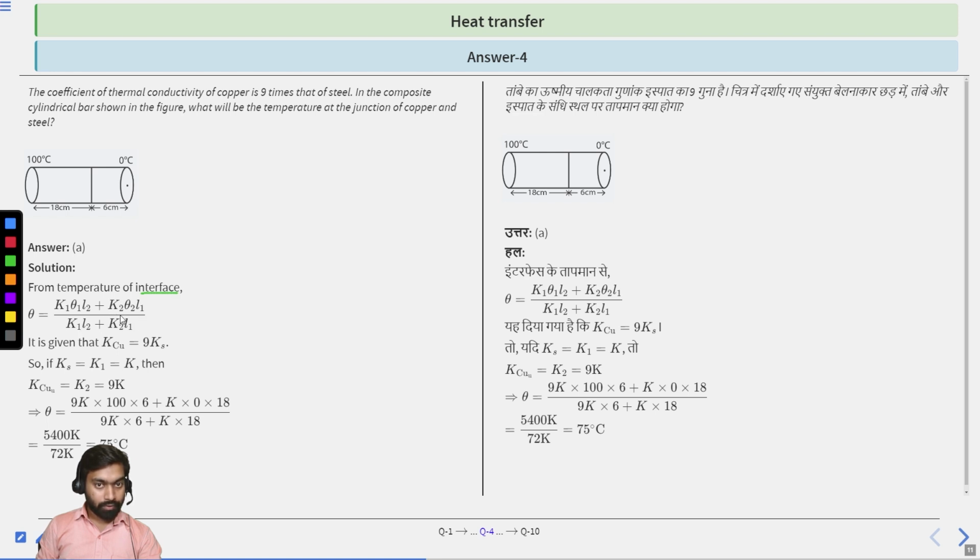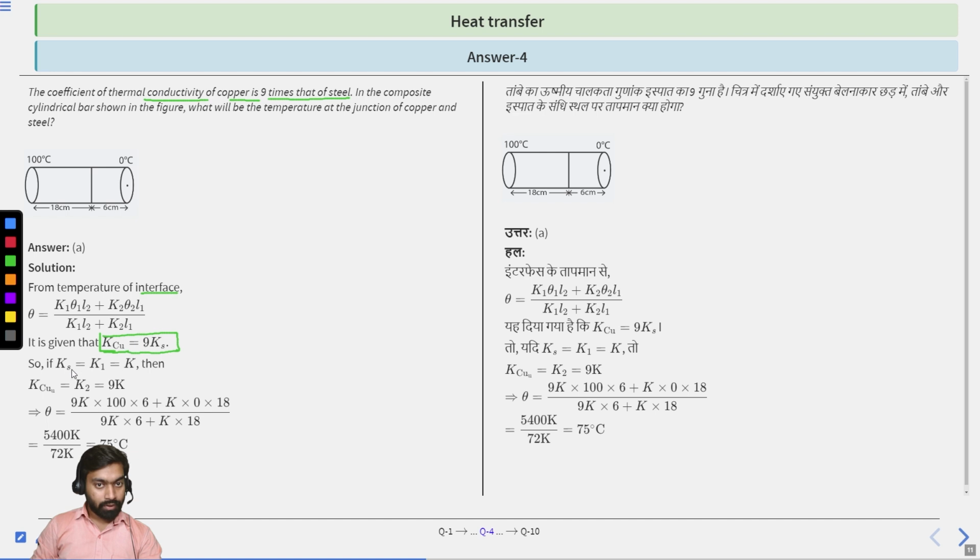It is given in the question that the thermal conductivity of copper is 9 times that of steel.